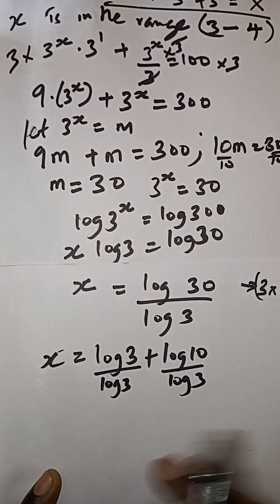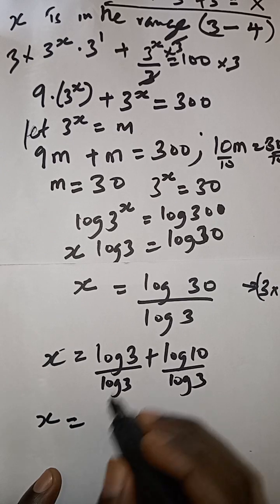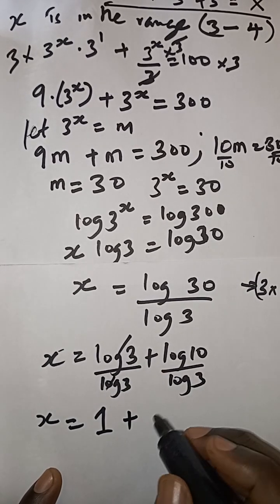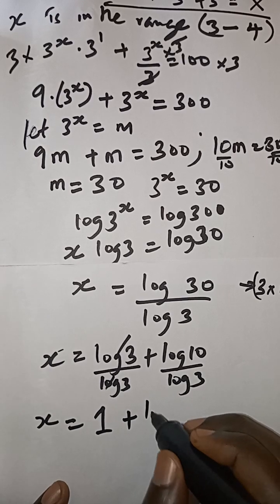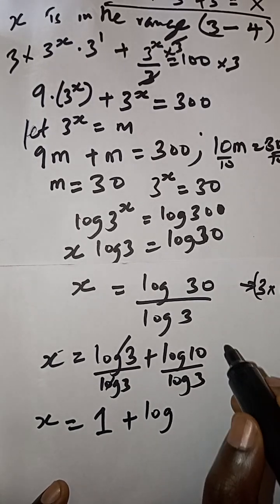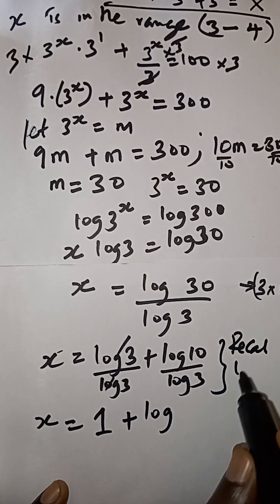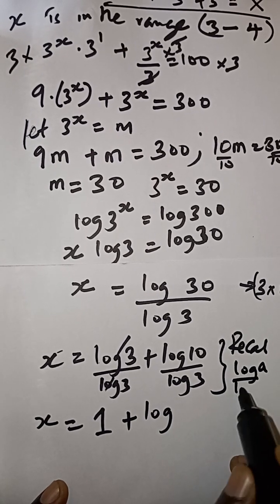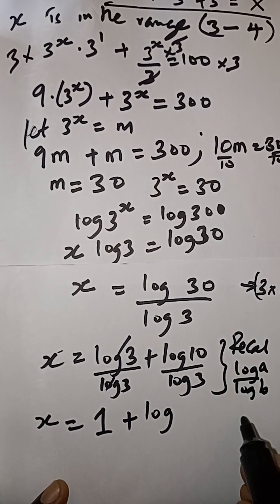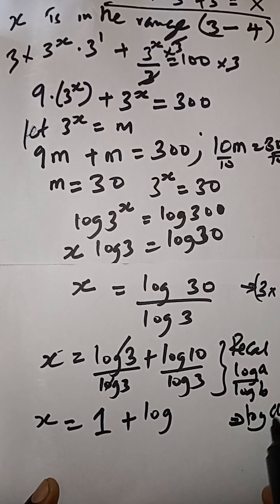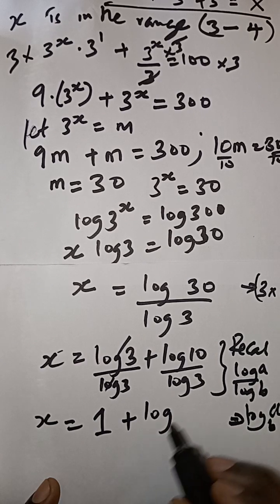So it is clearly easy to see that the value of x now becomes, I'm going to cancel this to get 1, of course, plus the log of 10 divided by the log of 3. And recall, when you have the log of a divided by the log of b, then this is the same as rewriting it as a single log of a to the base b.